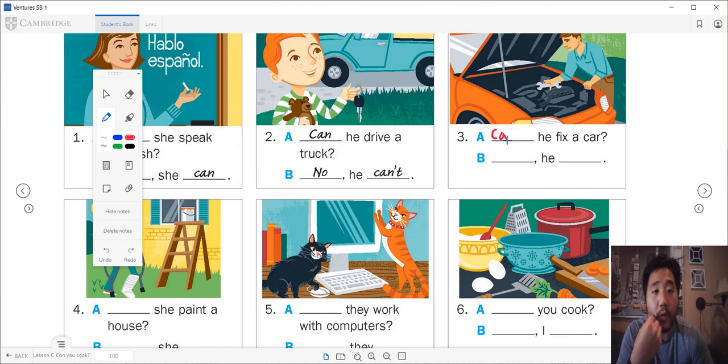We're asking a question. So can he fix a car? And based on the picture, it looks like he can. So we can say yes, he can. Okay.